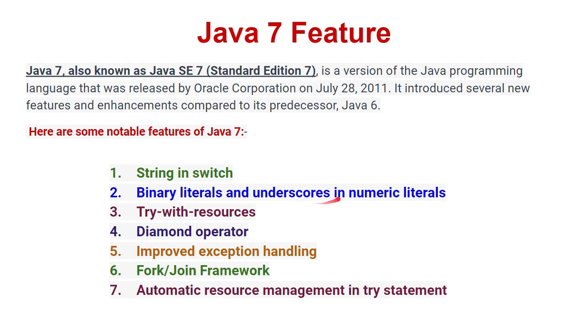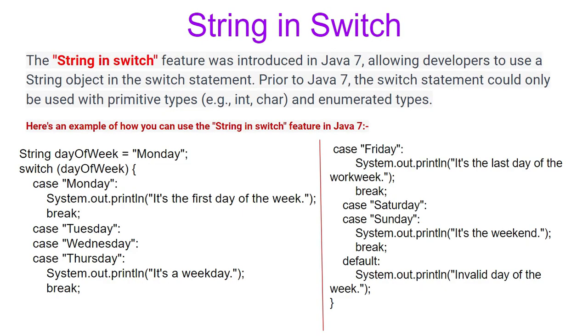Try with resources, where we can close our object inside the try parentheses. The diamond operator, which is for generics. Improved exception handling. The fork and join framework for multithreading. Automatic resource management in the try statement, I think for JDBC. Let's go forward and understand one by one.